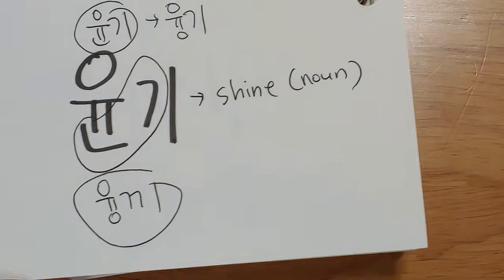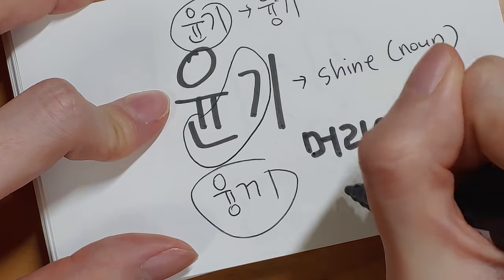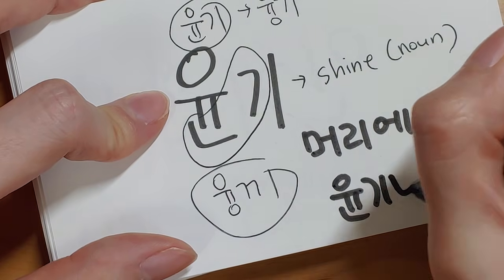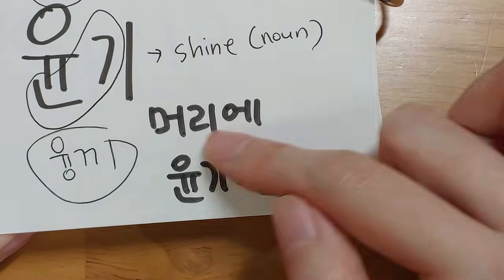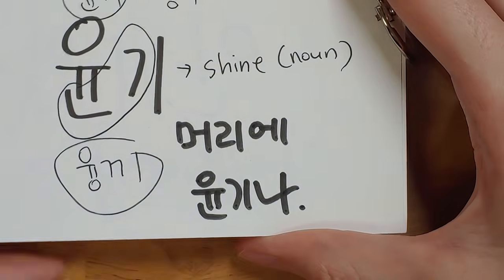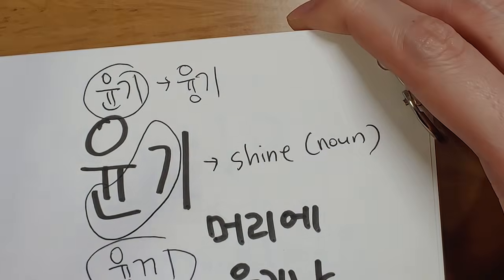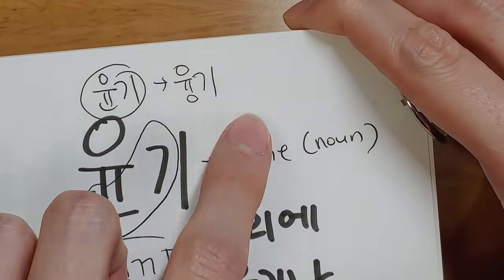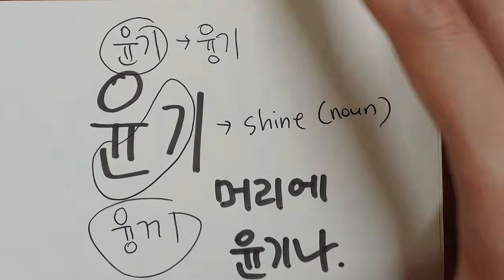So if you say 너 머리에 윤기나, it means your hair is exuding shine, like your hair is shining. 윤기 means shine. But when it's a name, you can read it differently. So that's one of the strange phenomena that you have to note separately.